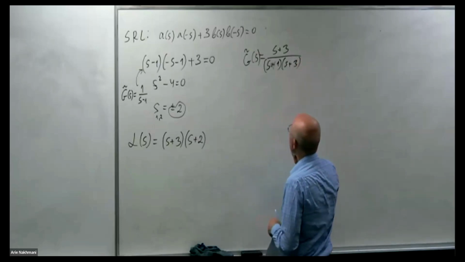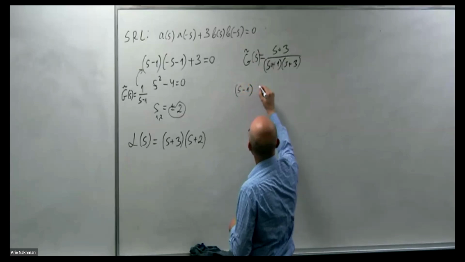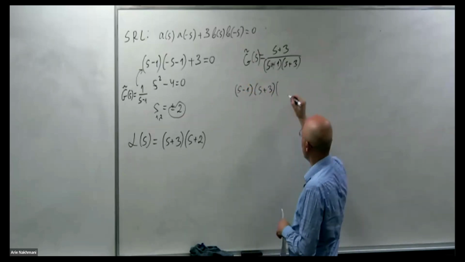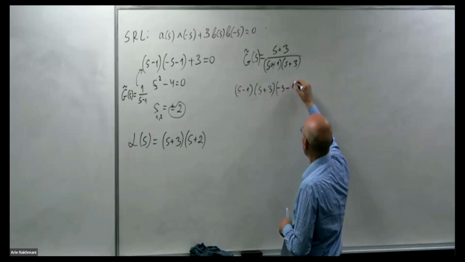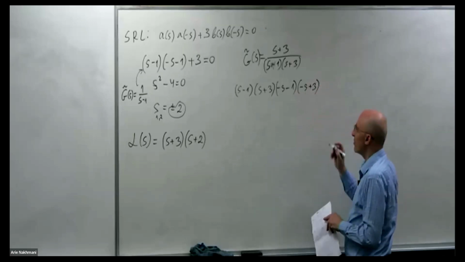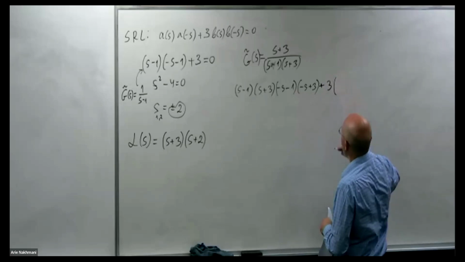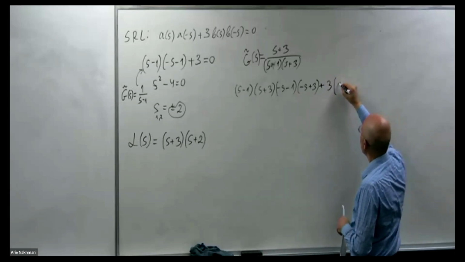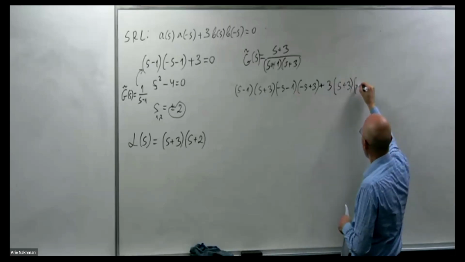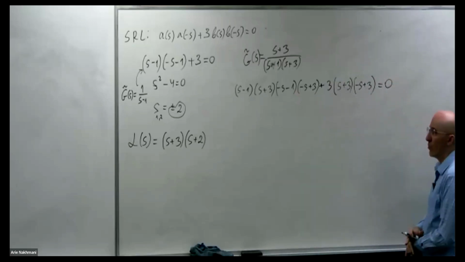A of s will be s minus 1 times s plus 3, and A of minus s will be minus s minus 1 times minus s plus 3, plus 1 divided by rho, which is 3, times B, which will be s plus 3. B of minus s will be minus s plus 3, and it all equals 0.